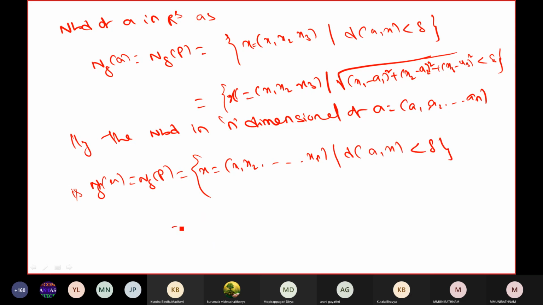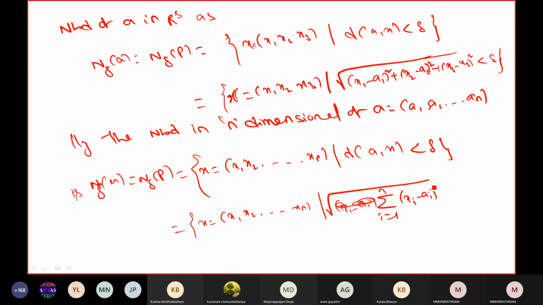But what is D in the case of n dimensions? Anyone? Square root of (x1 minus a1) whole square plus (x2 minus a2) whole square and so on. So that is the sum of i equal to 1 to n of (xi minus ai) whole square, less than delta.